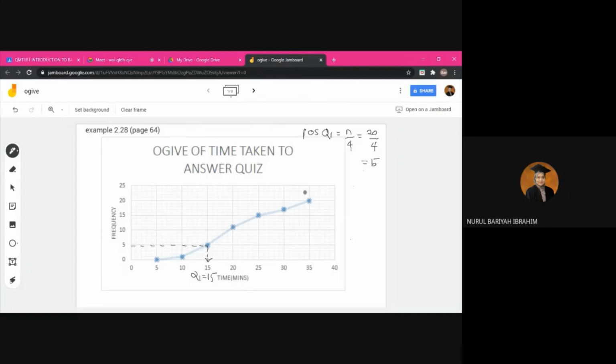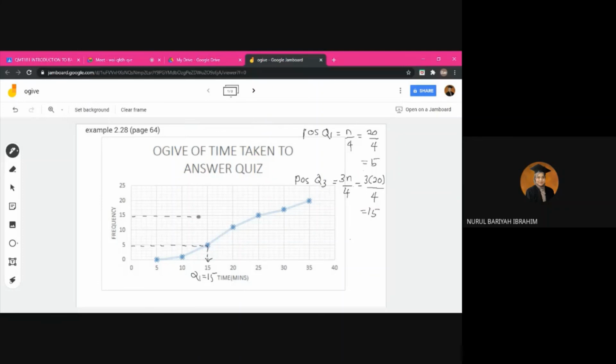Okay, so tengok pula untuk position for Q3, which is 3n divided by 4. So you akan dapat 3 multiply 20 divided by 4. So you will get 15. So this is 15.